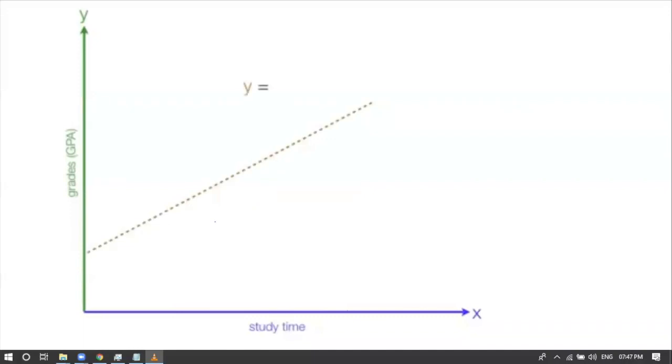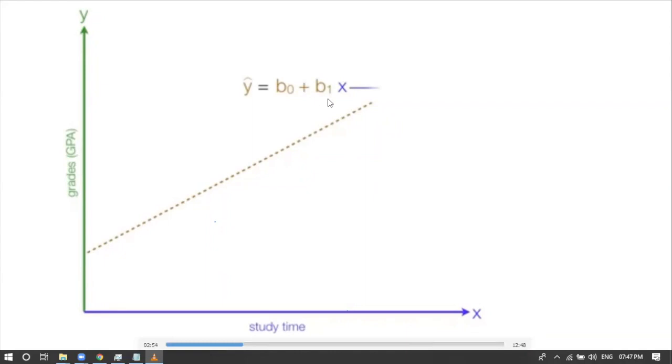Then the equation will be y is equal to b naught plus b1 x. This is the normal straight line equation which you have studied in mathematics in 10th or 11th, and this is the equation that you want to find out.